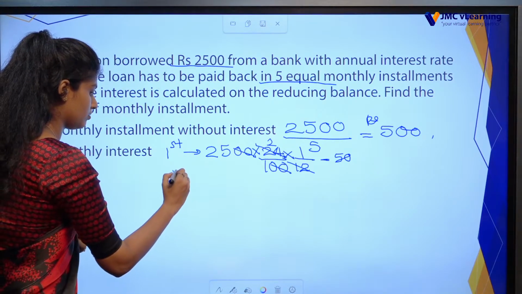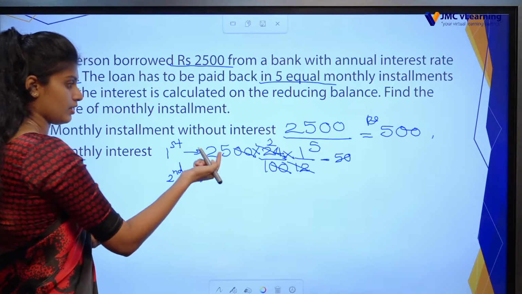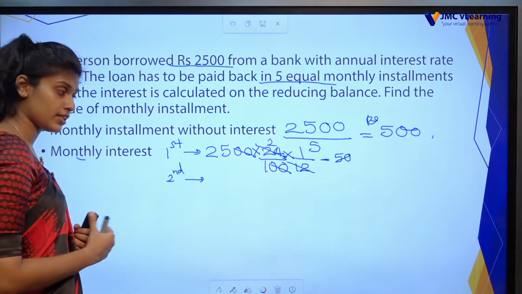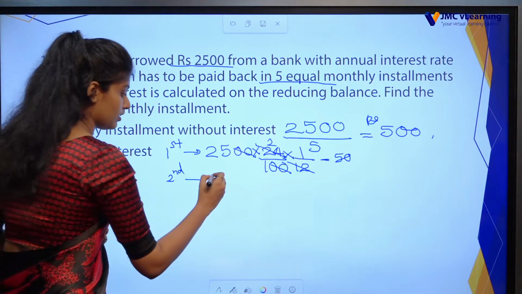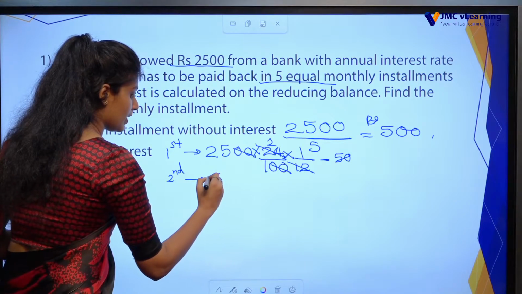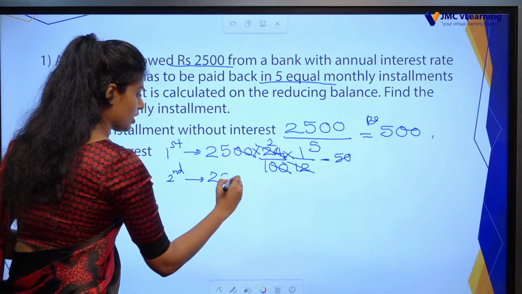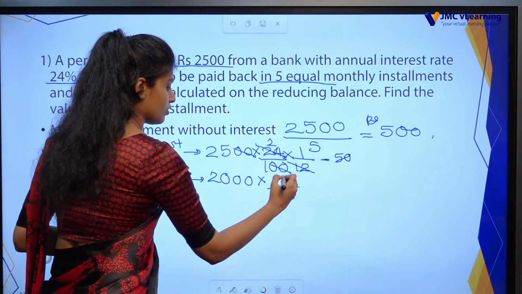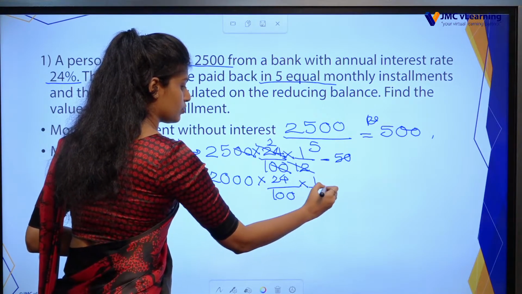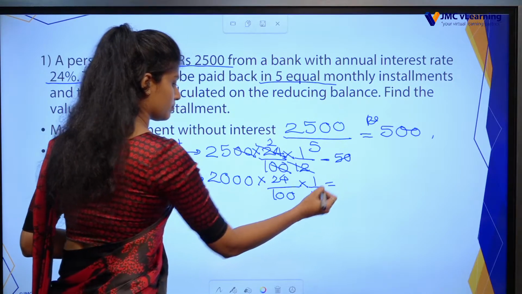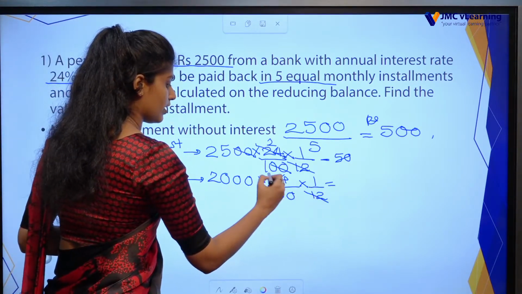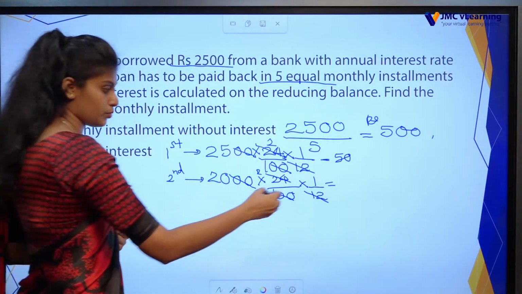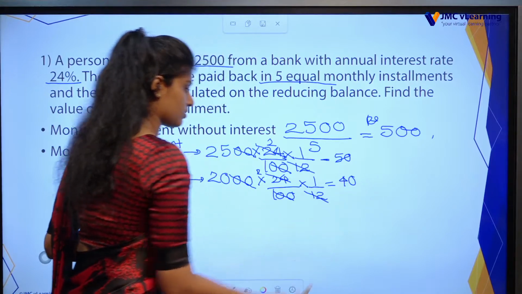Then second month, then reducing 500 rupees. Here 2,500 we take in the first month, then 500 subtracting, 2,000 rupees, multiply by 24% into 1 over 12. Then let's divide, 2, 20 into 2, 40 rupees.